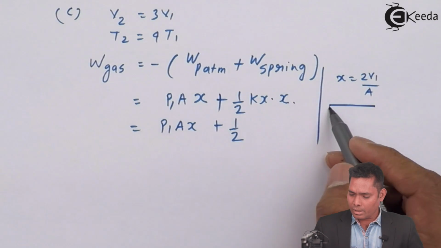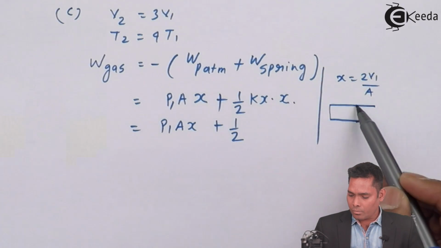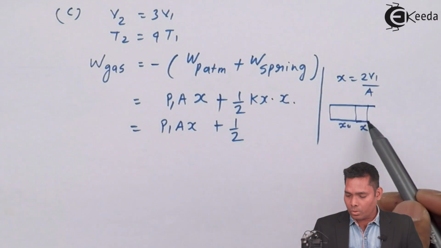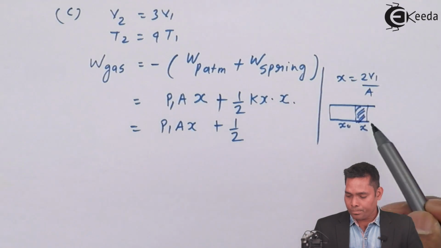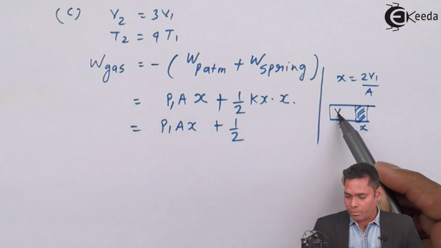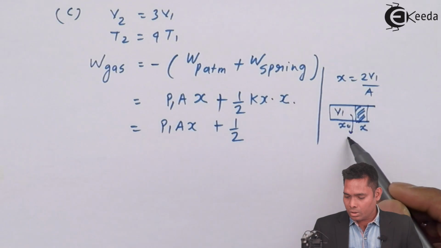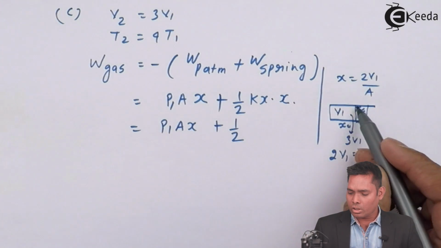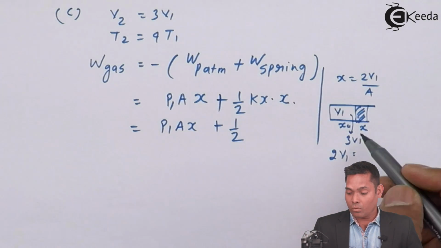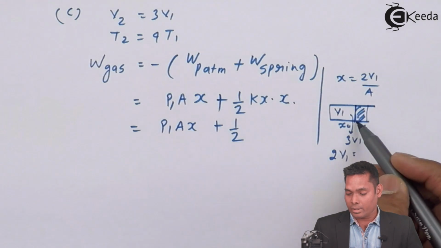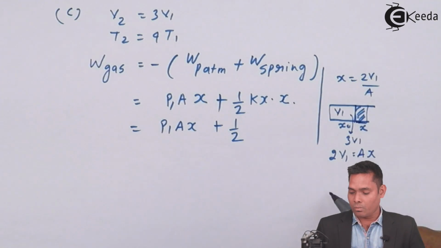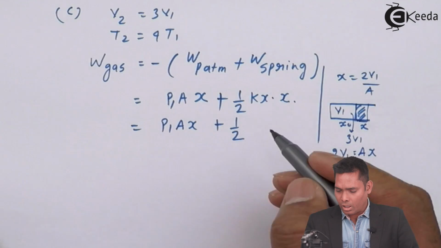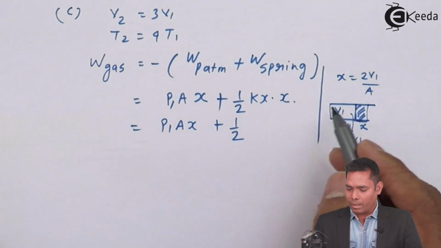Because initially the volume was V1, finally the volume was 3V1. So the change in volume is 2V1, and the change in volume is area times x. So x is 2V1 by A.